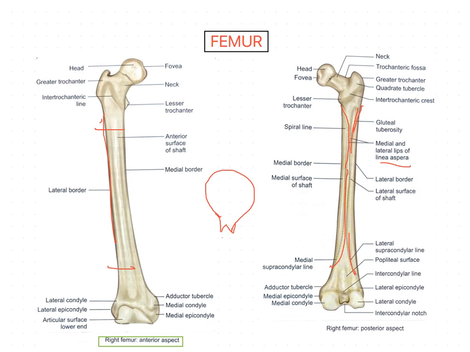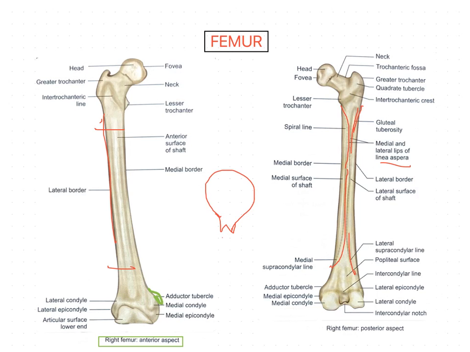Below this adductor tubercle you find the medial epicondyle. The adductor tubercle is a small projection at the uppermost part of the medial condyle. So these are all the features present in the lower end of the femur.